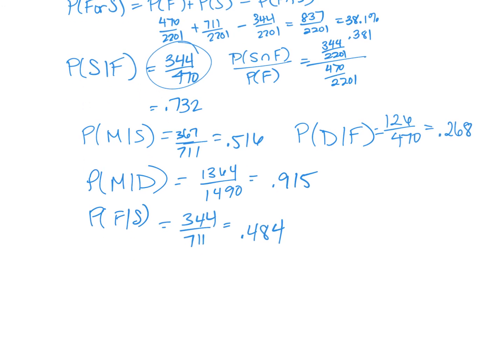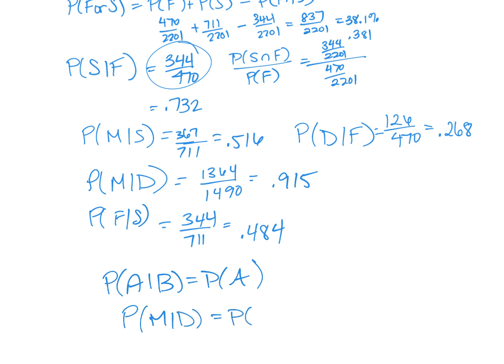So our formula would be A given B is the probability of A. I can pick any of these conditional probabilities I've already calculated. Any of them. Female given survived. Male given dead. Male given survived. Which one do we want to choose? Male given dead.